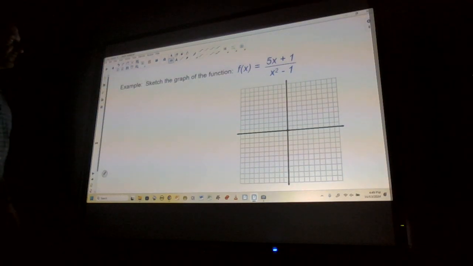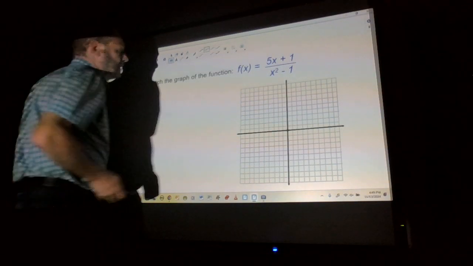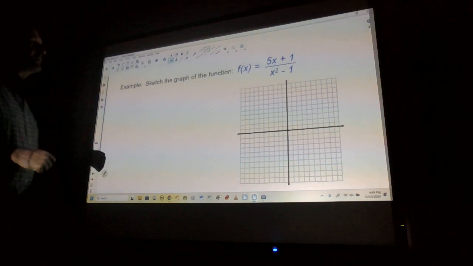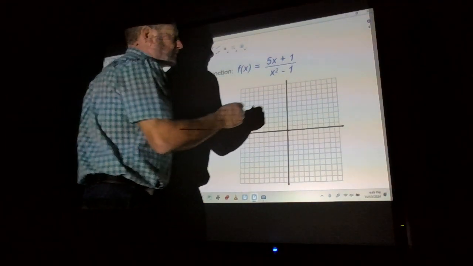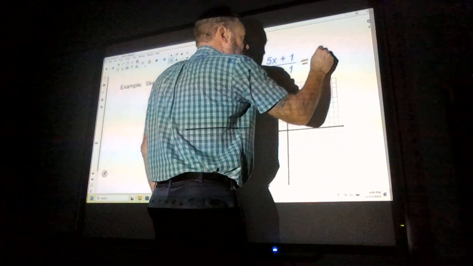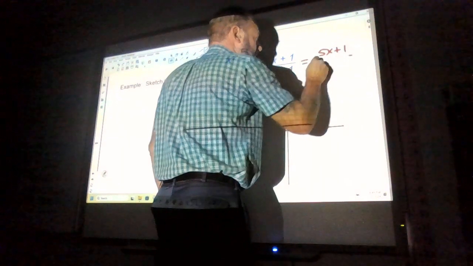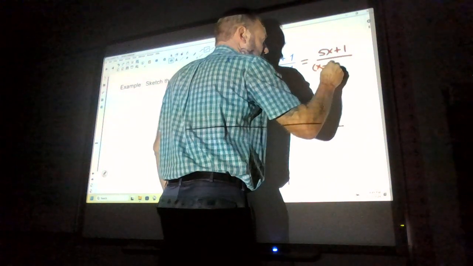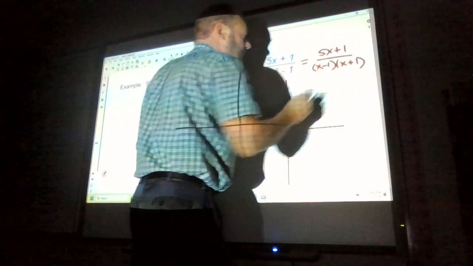So what do we got here? Sketch the graph of the function f of x is 5x plus 1 over x squared minus 1. Okay. The first thing we're going to do is factor this. So the top is already as far as it'll go. The bottom will factor to x minus 1, x plus 1.